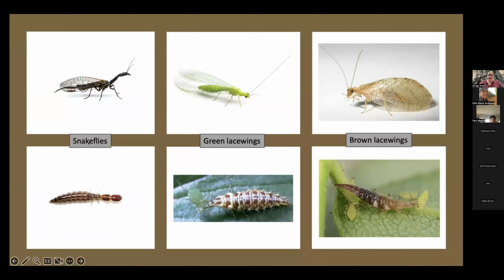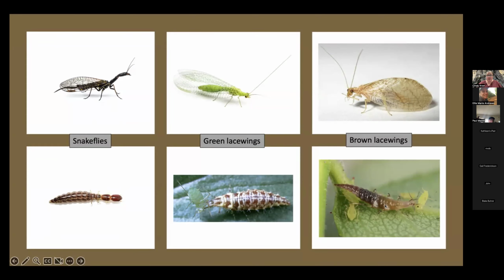Now we have some other, these are Neuroptera. So we have our snake flies. Well, sorry, Neuroptera's here: brown lacewing and the larvae, what it looks like, green lacewing and the larvae, and then snake fly adult and the larvae. The adult snake flies and larvae are predaceous.